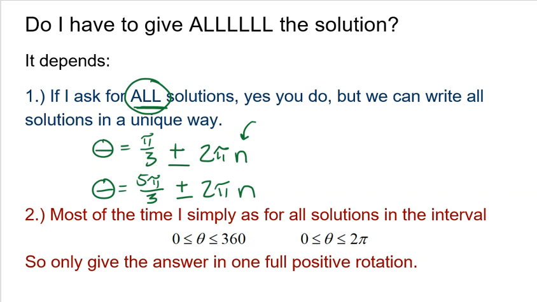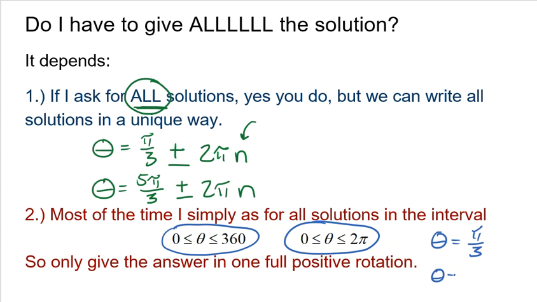But I will say this, most of the time, I just ask for answers on the unit circle, which in degrees is 0 to 360, or in radians is 0 to 2 pi. So if I say, listen, I know there's many answers, but only give me answers that you could see on one full positive rotation, then the only acceptable answers are pi over 3 and 5 pi over 3.